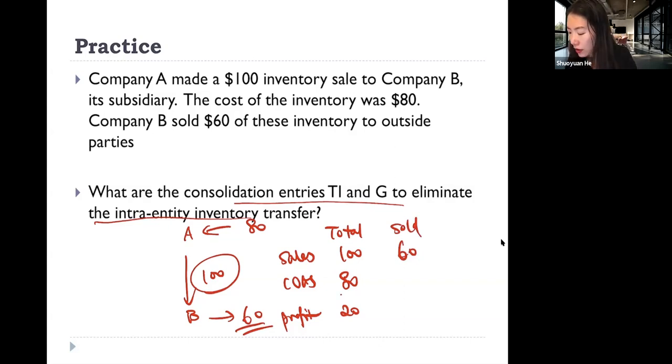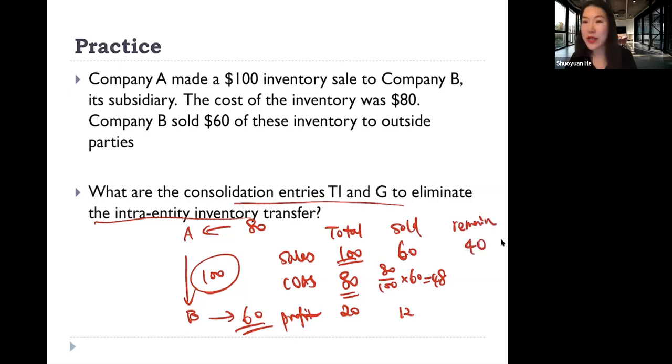The cost associated with 100 is 80, so the cost associated with 60 is 48, and the profit associated is 12. The remaining, how much remains within the firm? 40 remain within the firm. The cost associated with the remaining inventory is 32. The profit associated with the remaining inventory is 8.